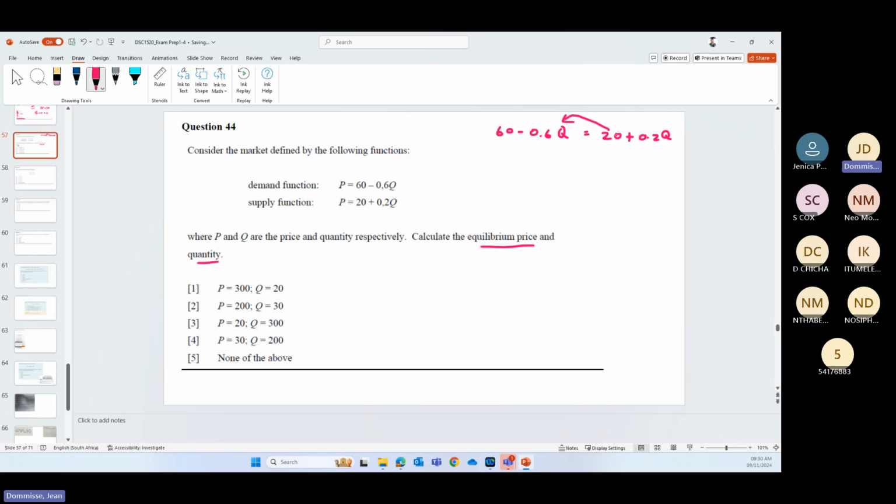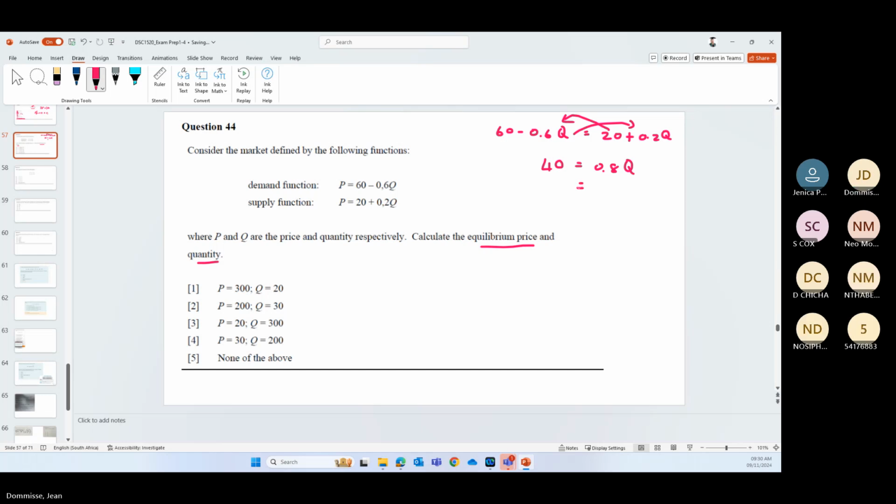So 20 becomes minus 20, so 60 minus 20 is 40. We take a minus 0.6 to that side, it becomes positive. So positive 0.6 plus that is 0.8. So that is 0.8Q.